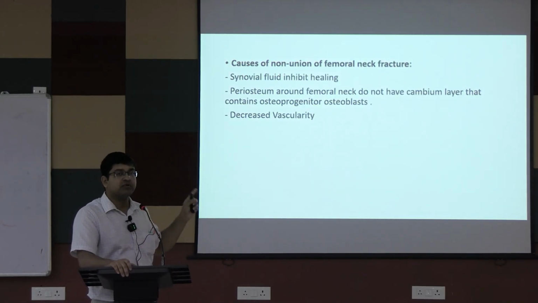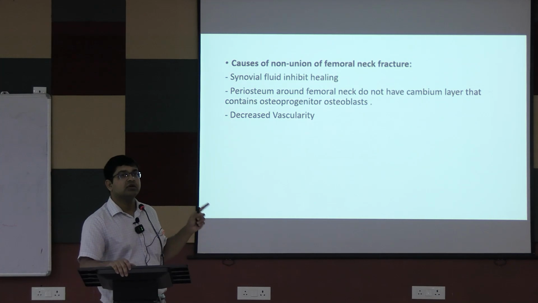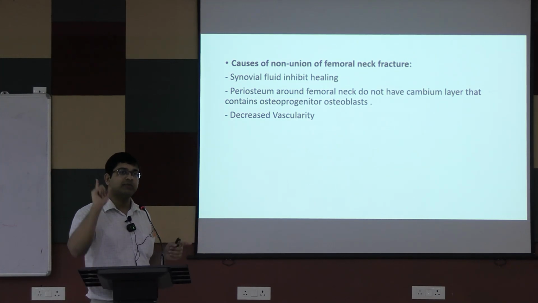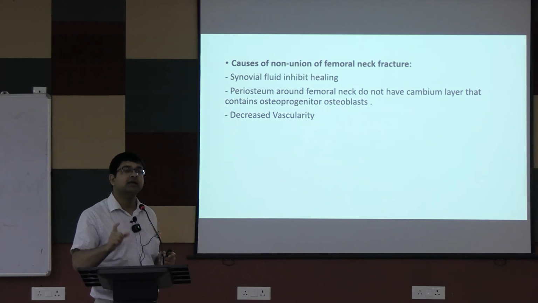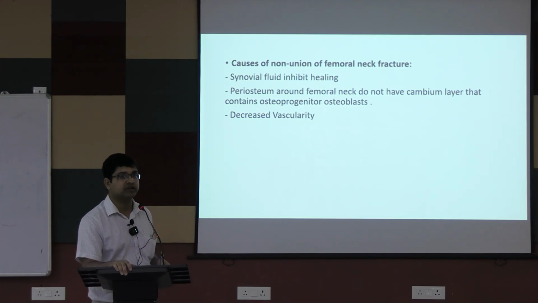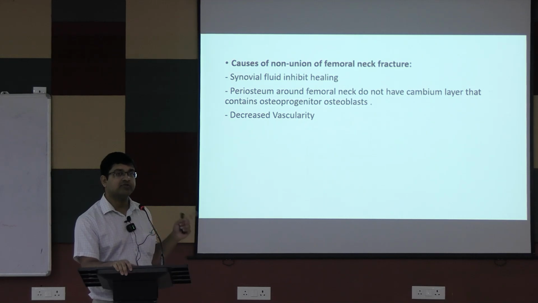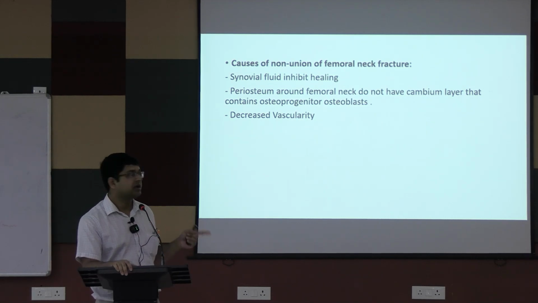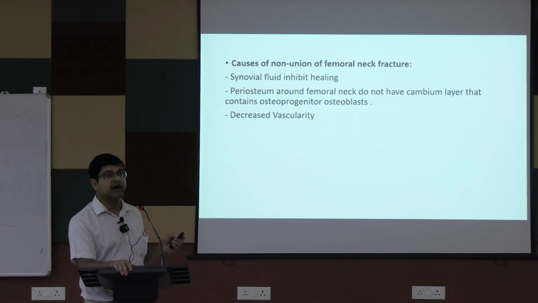What are the common causes of femoral neck fracture non-union? তিনটে বলবে, একটা হচ্ছে synovial fluid, একটা হচ্ছে absence of cambium layer in the periosteum of the femoral neck, আর একটা হচ্ছে decreased vascularity or vascularity is jeopardized after femoral neck fracture. Synovial fluid, absence of cambium layer in periosteum, and decreased vascularity.